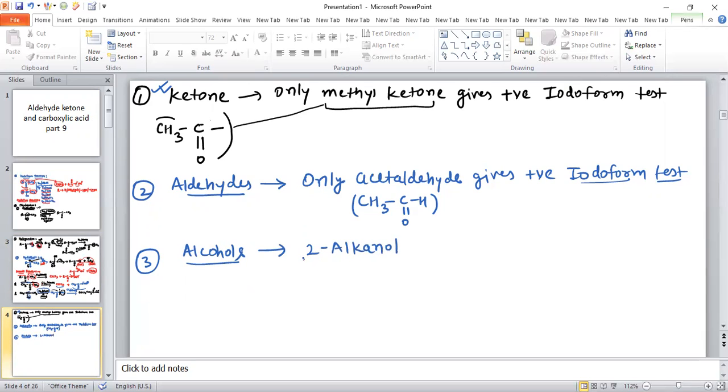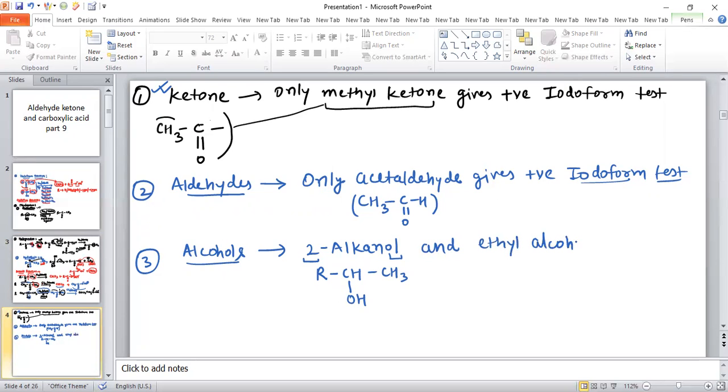It means on the second carbon there is an OH group, like this: RCH(OH)CH3. So this is basically a 2-alkanol. A 2-alkanol gives a positive iodoform test, and also ethyl alcohol.